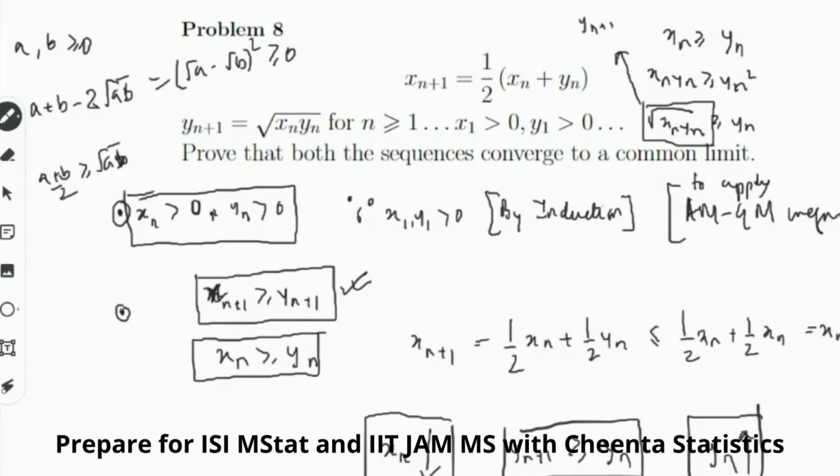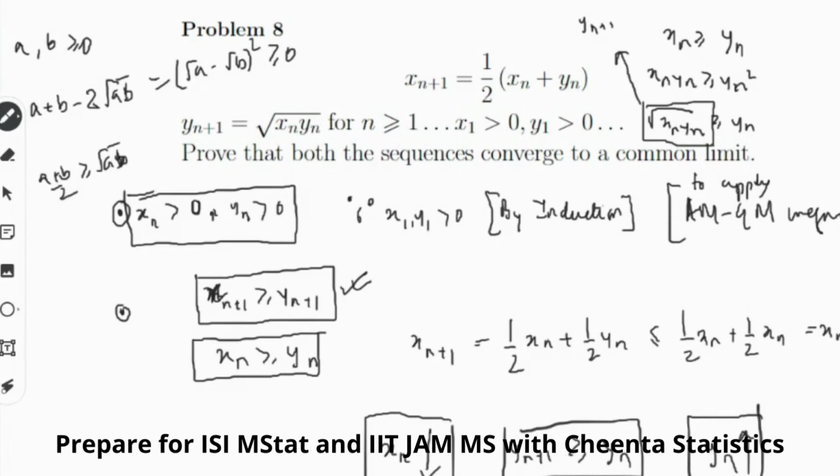In between these, all the values xn and yn are lying. Now yn is bounded above by x1 and xn is bounded below by y1. Then both sequences satisfy the monotone convergence theorem, so let yn converge to L2 and xn converge to L1.